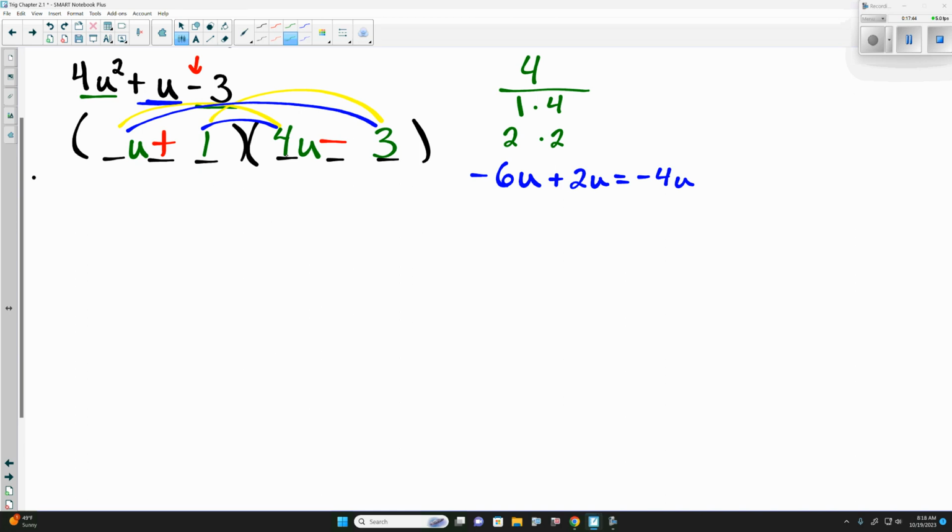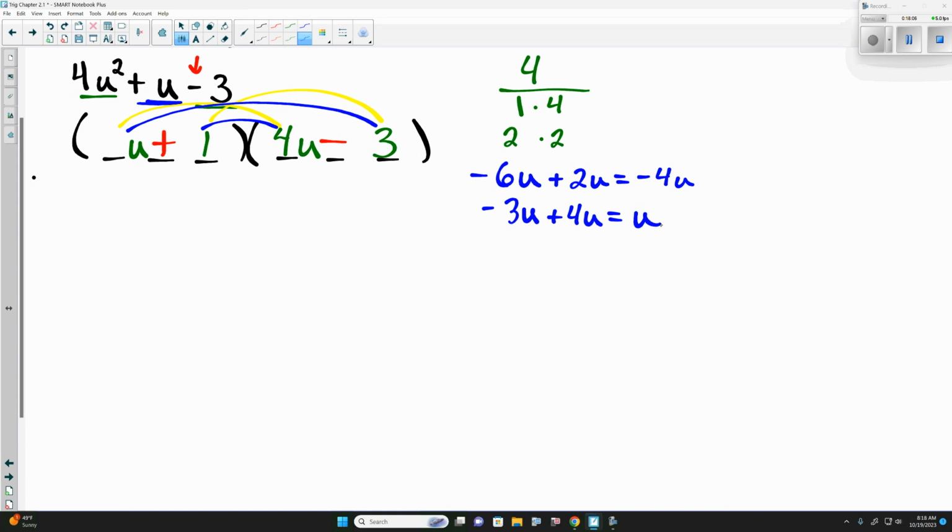We don't necessarily have to write the 1 because it's understood. Now we can check this here. U times negative 3 is negative 3u. 1 times 4u is plus 4u, which gives us a positive u. Is that what we wanted? So that is the correct factors.